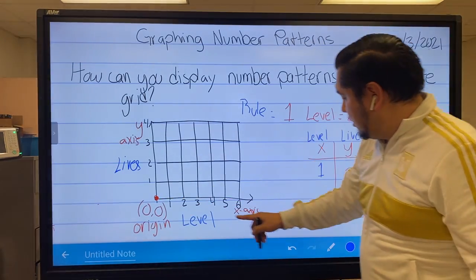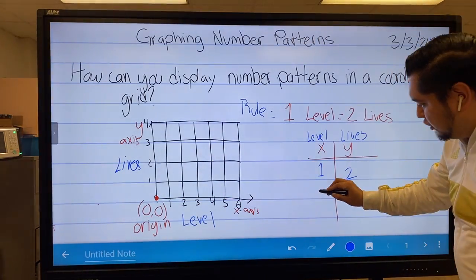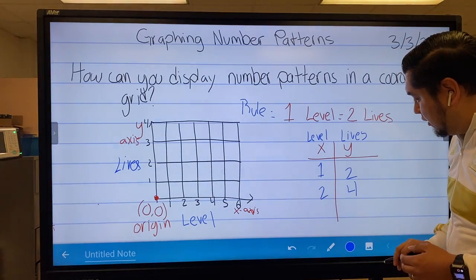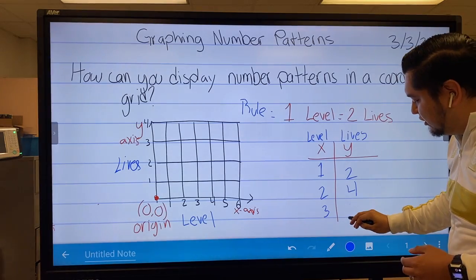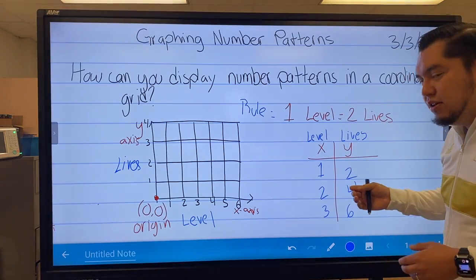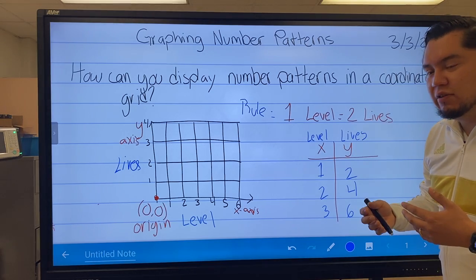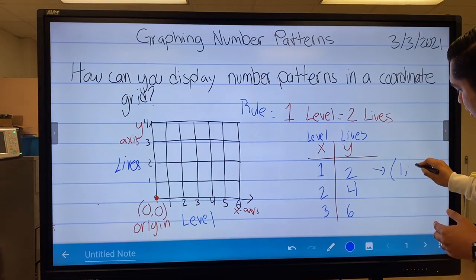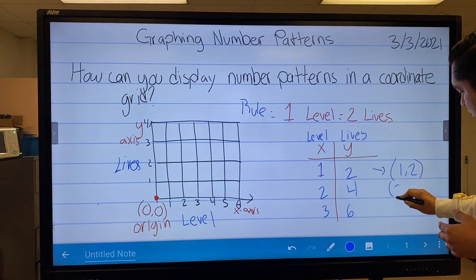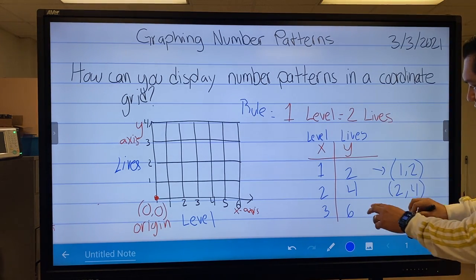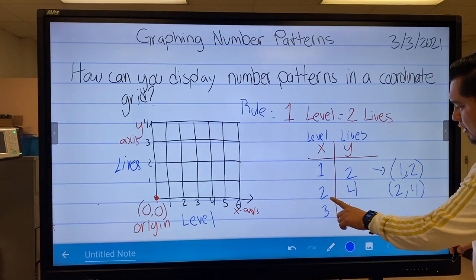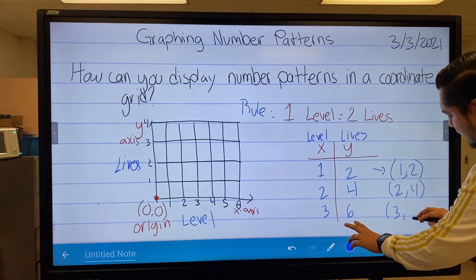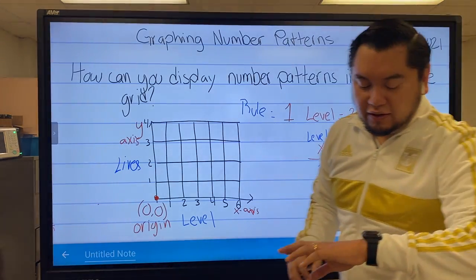So here, 2 levels equals 4, and then 3 levels equals 6, and so on, because you keep getting 2 for any extra level that you pass. And then you can use this information to create your ordered pairs. See, 1, 2, it's right here. 2 comma 4 is right here, and then the last one 3 comma 6, and there it is.